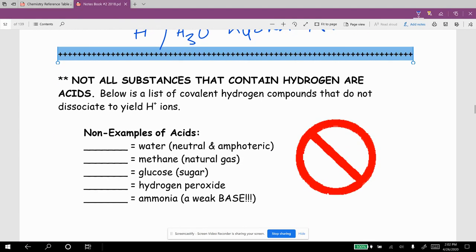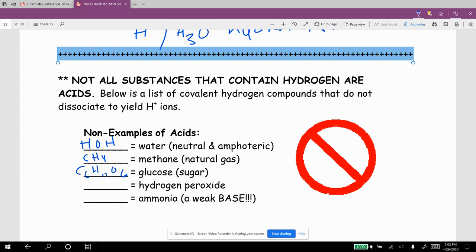So not all substances that contain hydrogen are acids. Water is HOH. It's not an acid. It's technically equal acid, equal base. Methane, which is CH4, has hydrogen, but it's not an acid. This is why we do organic first. Glucose has a lot of hydrogen, C6H12O6.